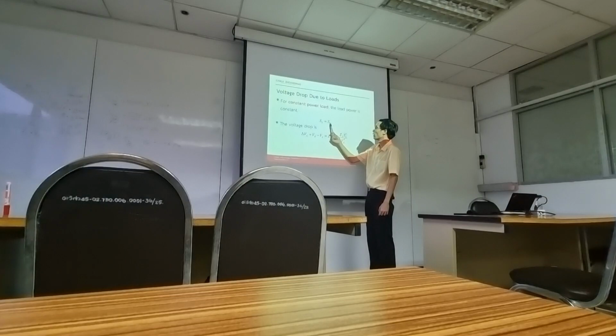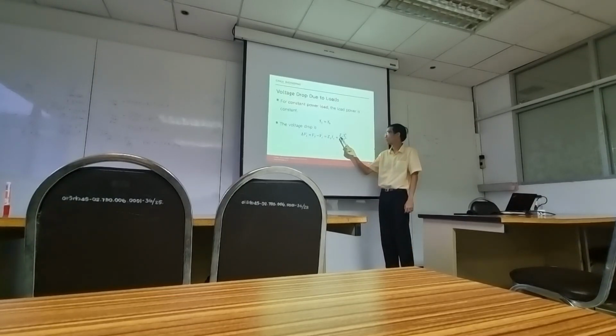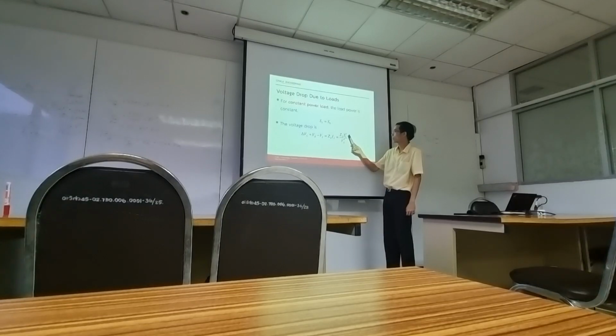Okay, this is constant, equal to S0. Delta VL is the voltage drop, equal to Vs minus VL, and this is Zs IL, equivalent to Zs SL conjugate divided by VL conjugate.